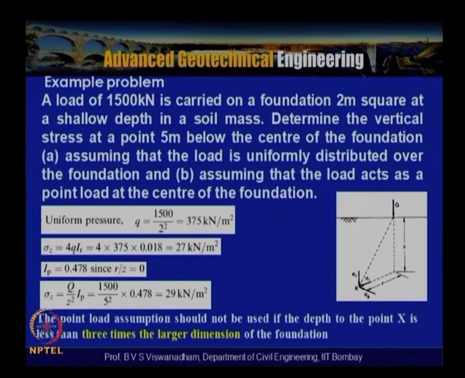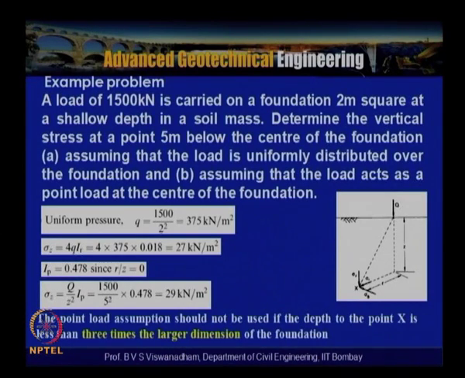So, here we are assuming that the load is uniformly distributed over the foundation, and we have a square foundation. So, 2 meter by 2 meter area, it is not a rectangular area, it is a square area. The load intensity, the uniform pressure, is nothing but 1500 kilonewton divided by 2 square, that is 375 kilonewton per meter square.